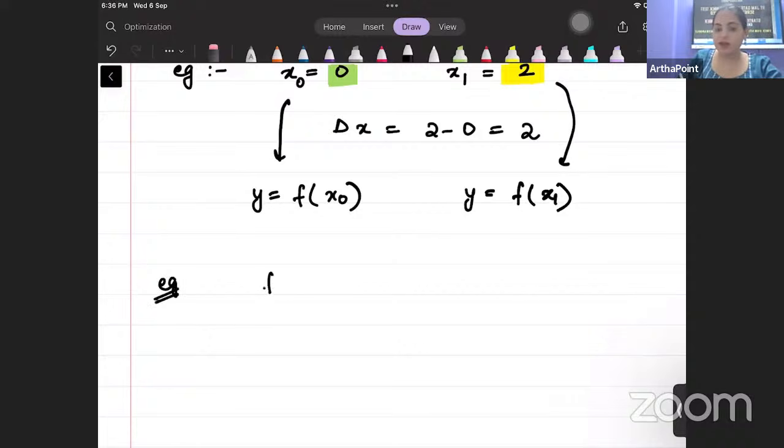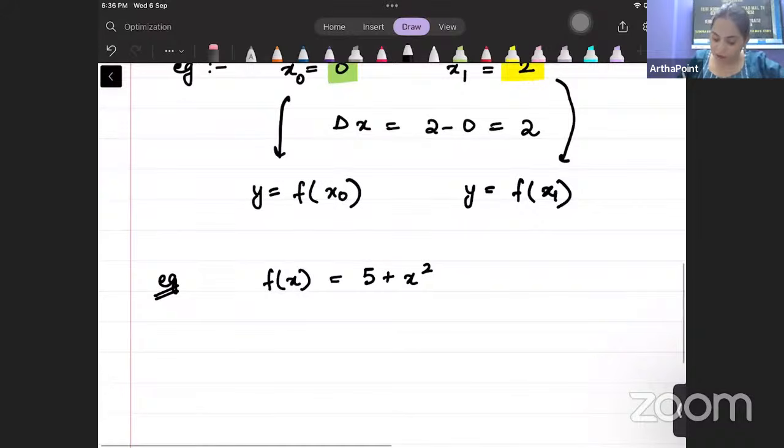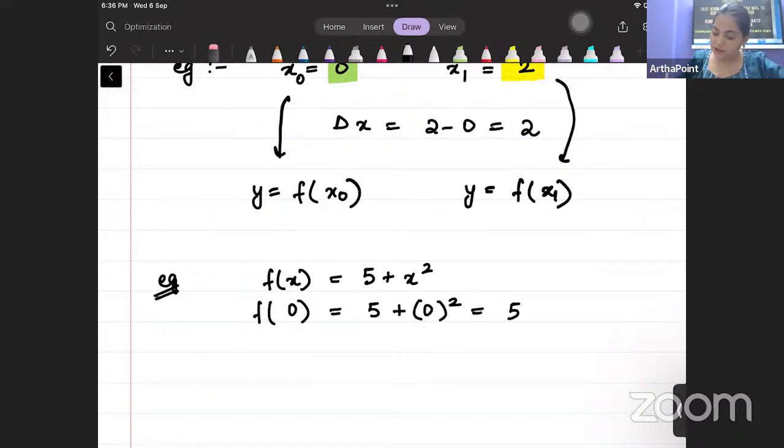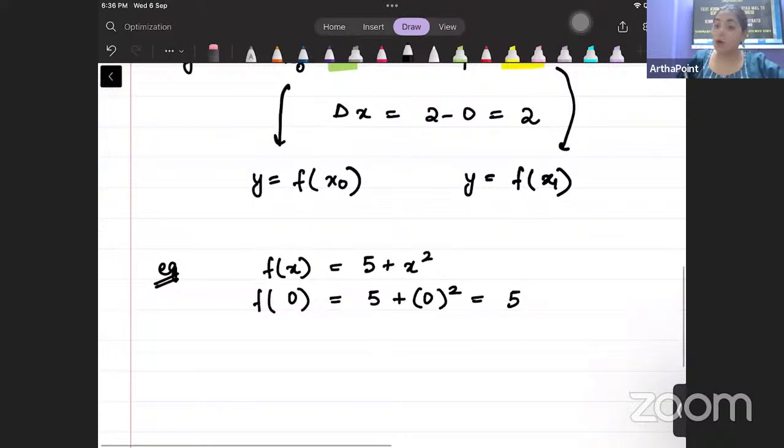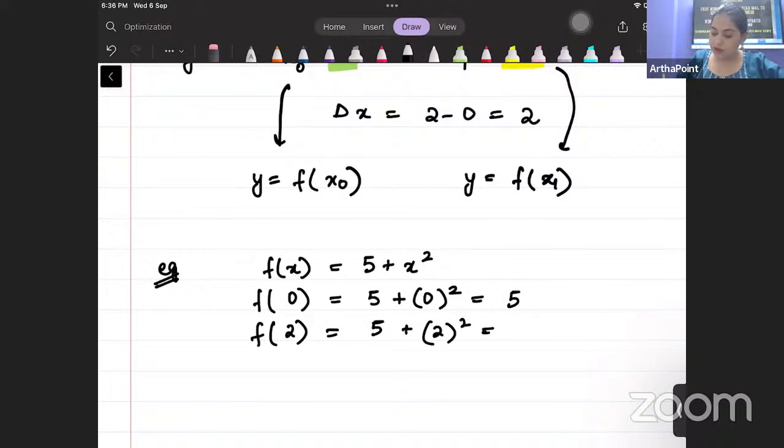Suppose my function is given as 5 plus x square. Beta, what is the value when you put x as 0? You will get 5 plus 0 square, which means 5. Beta, what is the value when you put x as 2? Then this will be 5 plus 2 square, 5 plus 4, that means 9.